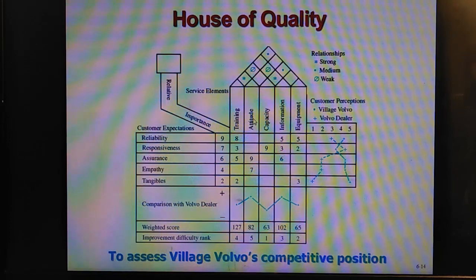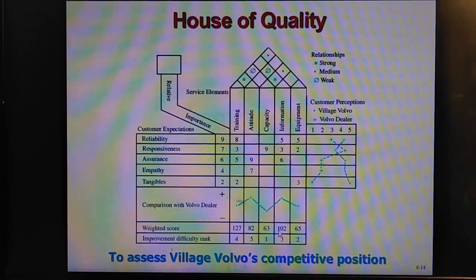You can measure customer expectation on attitude, you can measure customer expectation on capacity, and so on. So these are all the scores accumulated. From here, you can see which part is the most difficult to improve. For example, the lowest score, which is considered the most difficult part to improve, is the capacity.